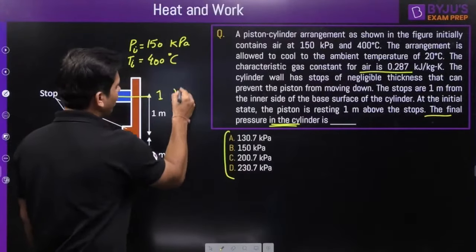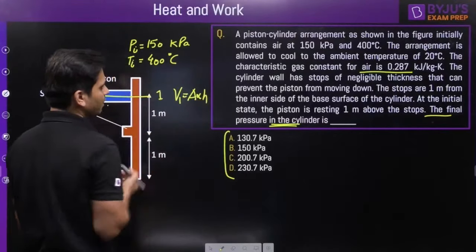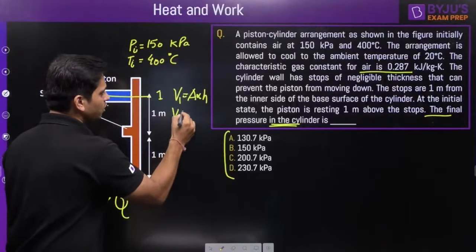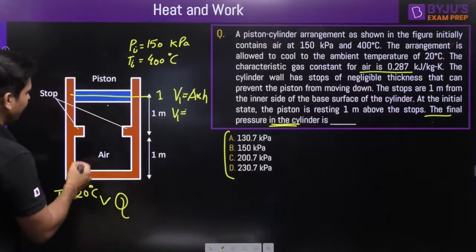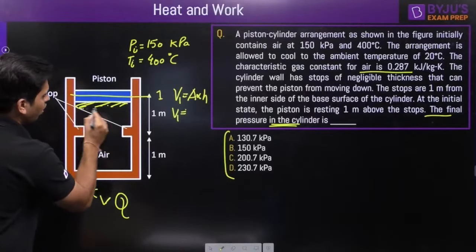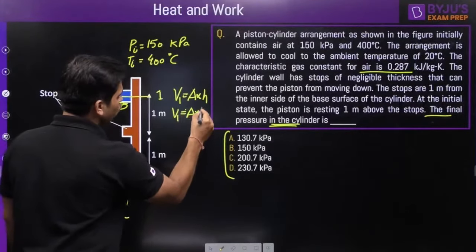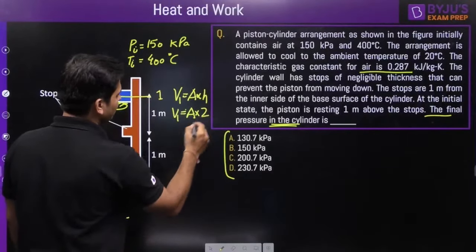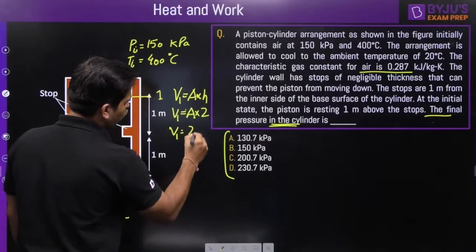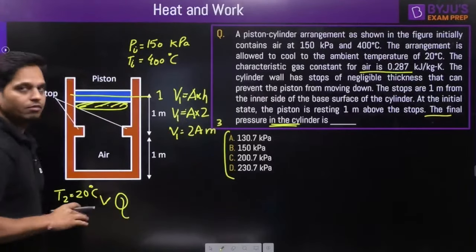Now, can I calculate V1 = area into height? Yes. So V1 = this area, whatever the circular area here is, that area. So area into height is 2 meters. So this is 2a meter cube, right?